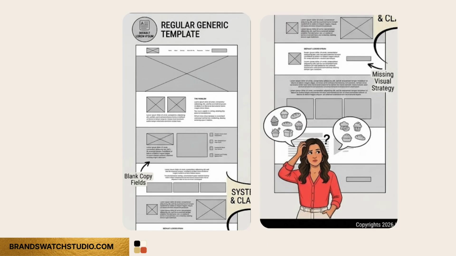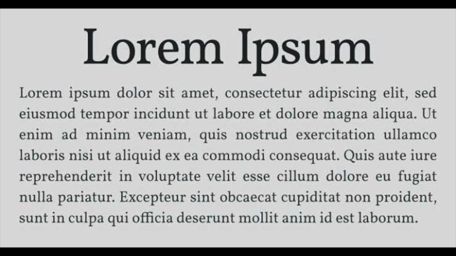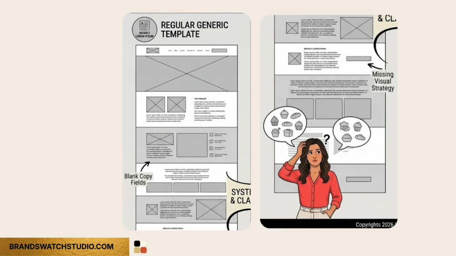Let's talk about what usually happens when you buy a standard template or if you grab a default layout inside of your website builder. Most templates might give you a decent structural layout, but 9 times out of 10, they leave you stranded with general lorem ipsum or my personal favorite placeholder copy about cupcake bakeries and icing recipes.